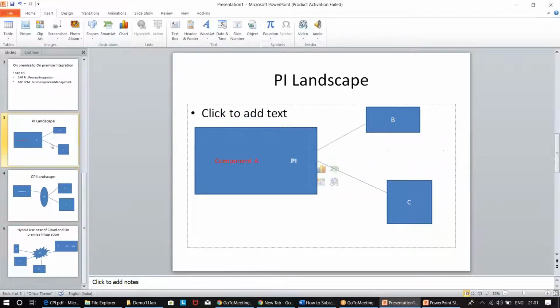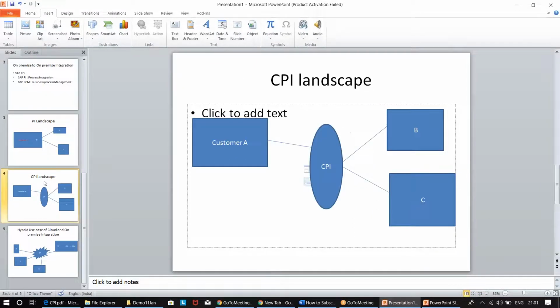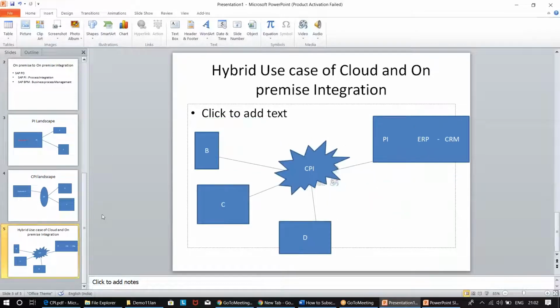Then what exactly is the difference between your PI and your CPI landscape? Then what exactly is your hybrid usage? These are the different runtime environments we have, and going forward we'll be discussing more in terms of your solution, but I hope your understanding is clear.